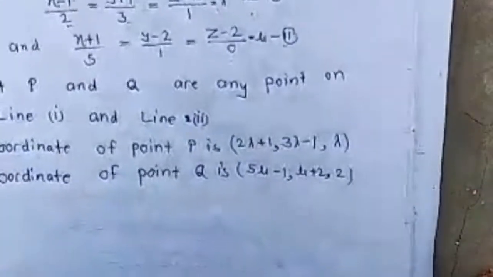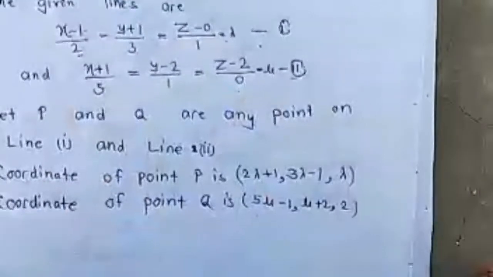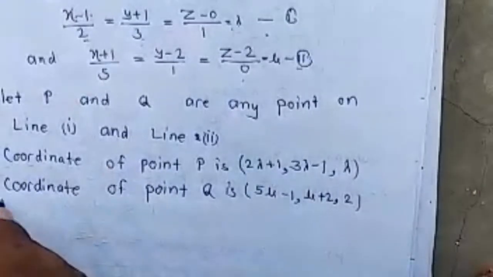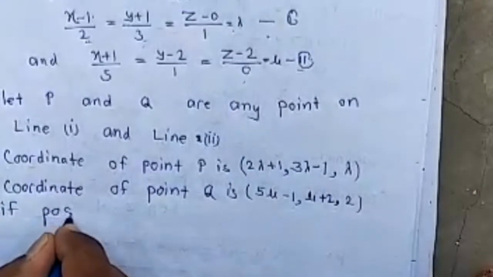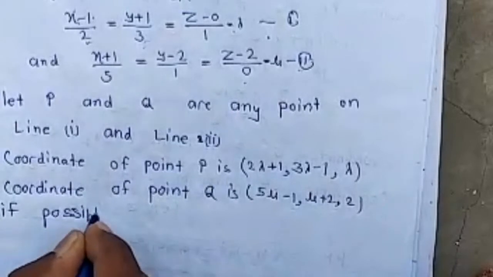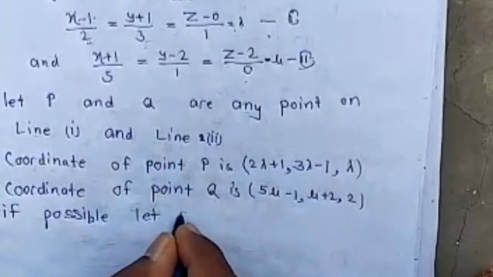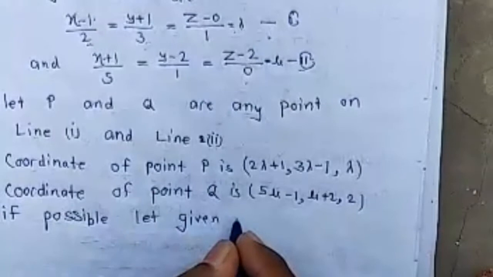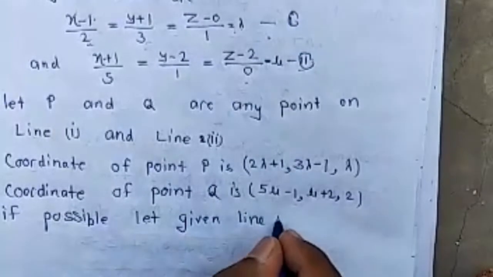If possible, let the given lines intersect. We have to show that they do not intersect. If possible, let them intersect.